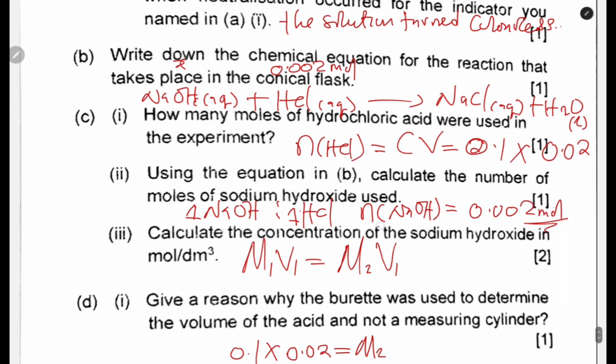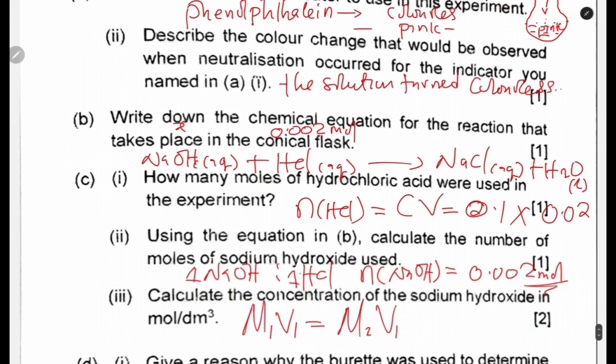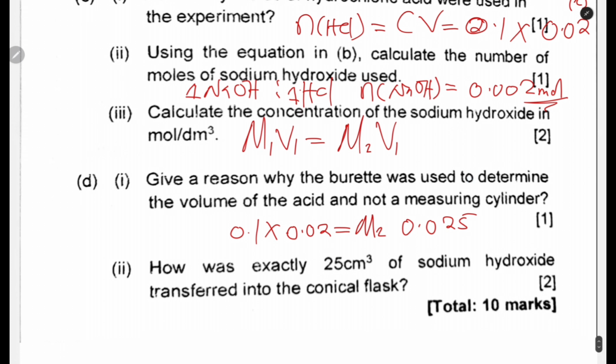Its volume we know was 25 in the conical flask. If you convert it into decimeter cubed, 25 divided by 1000 is equal to 0.025.